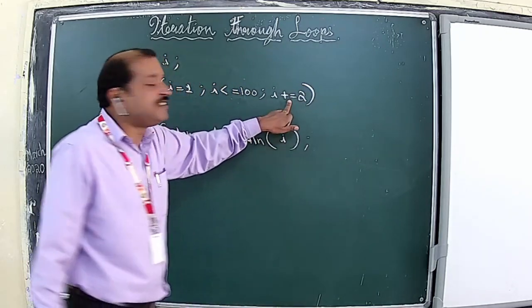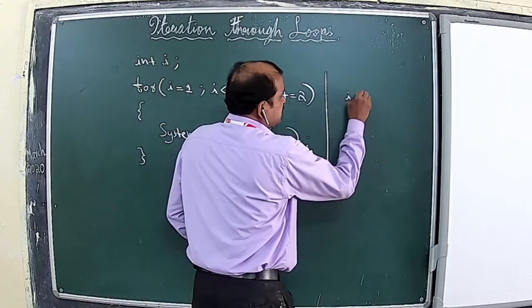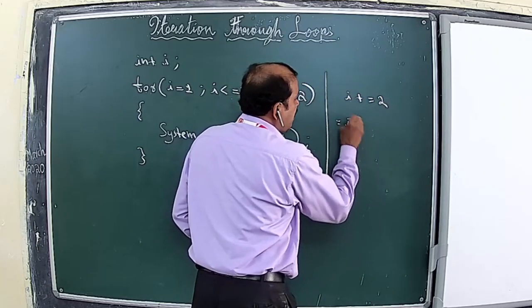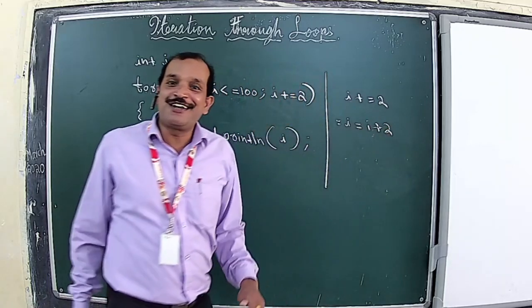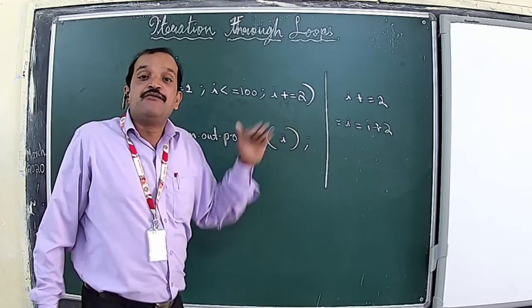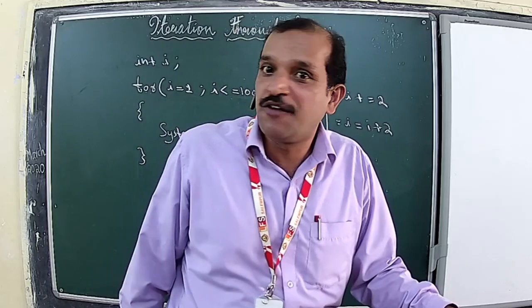As you know, this is an assignment operator. And for your information, the meaning of i plus equal to 2 is i equals i plus 2. So this update expression will increase the value of a variable by 2 instead of by 1.